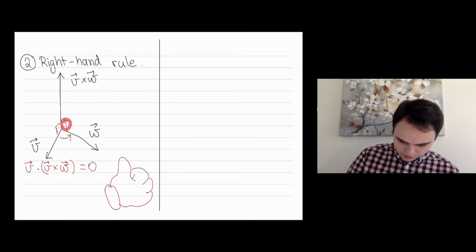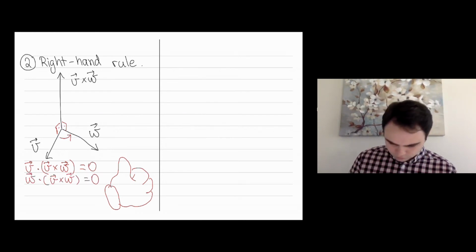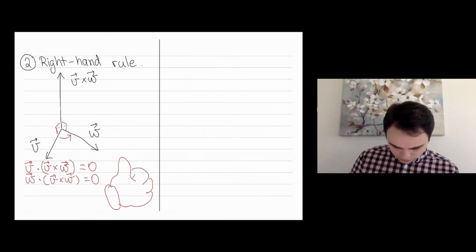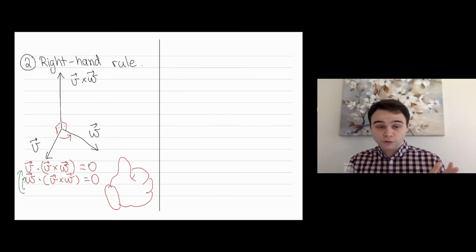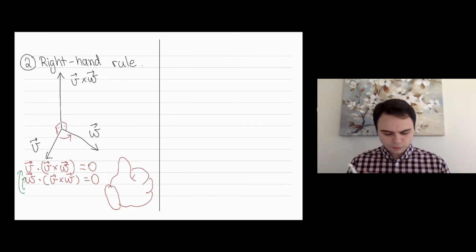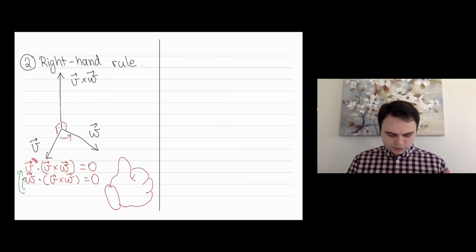and the other statement, that W is perpendicular to V cross W, is just saying that this is true. And now these two equalities, I'm saying that if you just start with a general vector V with components V1, V2, and V3, and a general vector W with components W1, W2, W3, if you just take the formula I gave you for V cross W and use the algebraic formula for the dot product, that's going to give you 0 regardless of what V and W are.